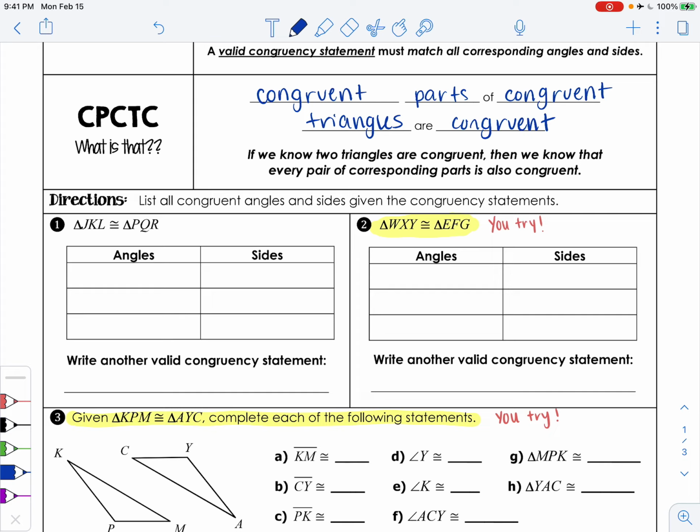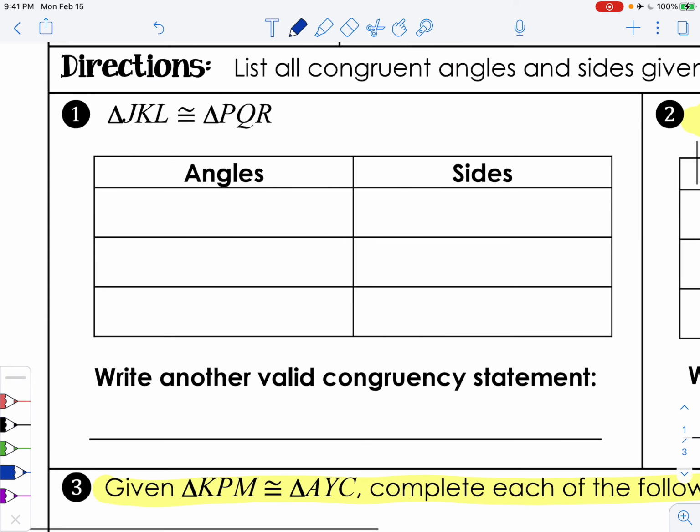All right, so we're going to practice writing some congruency statements here. Looking at number 1, I have the initial congruency statement, which is that triangle JKL is congruent to triangle PQR. What I need to do is first start writing some angle congruency statements.